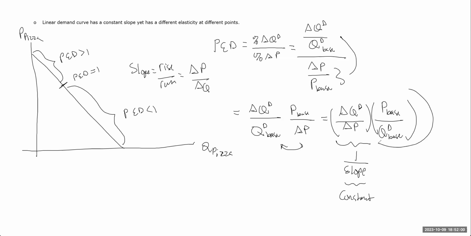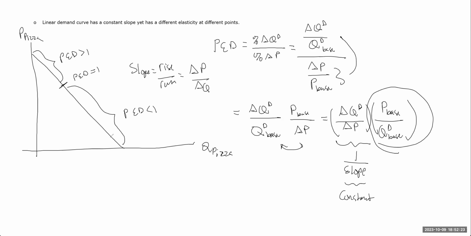This changes. When you're all the way up here and you use numbers up here, these prices must be so high compared to the quantity that the price elasticity of demand is greater than 1.